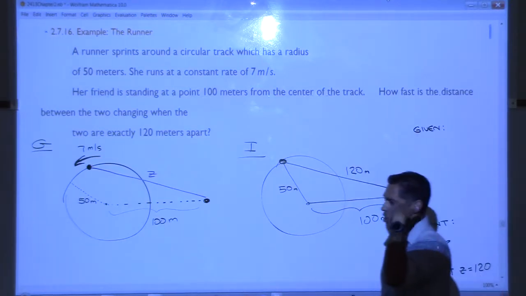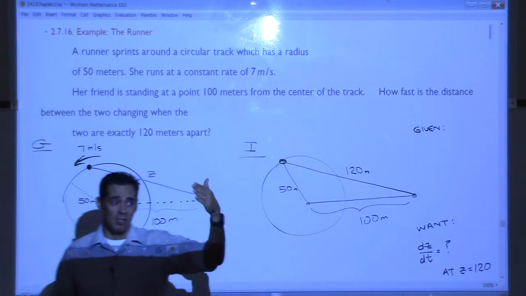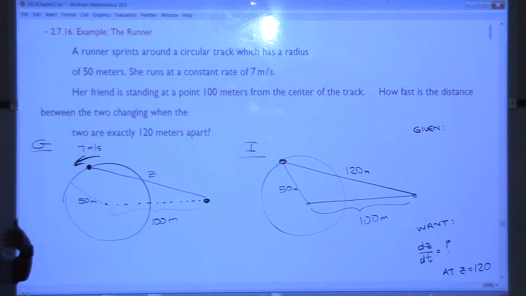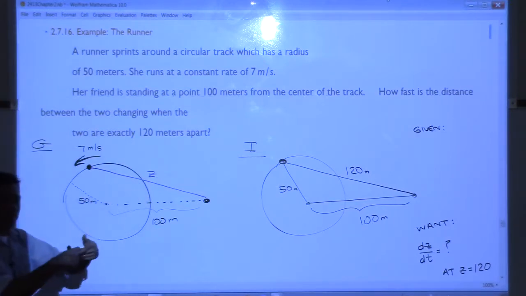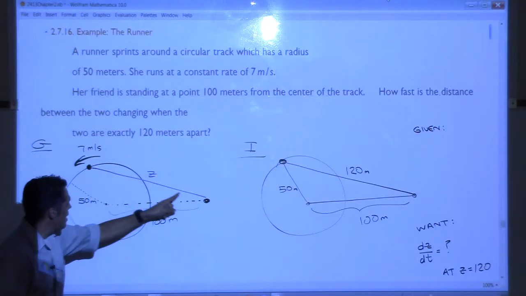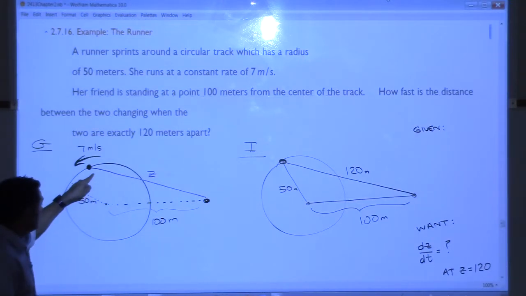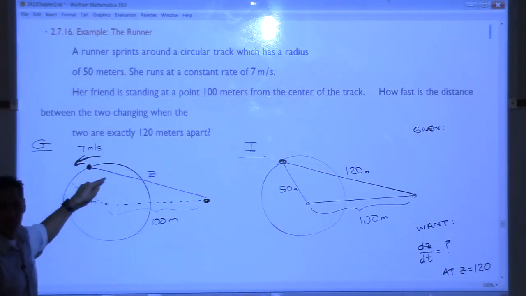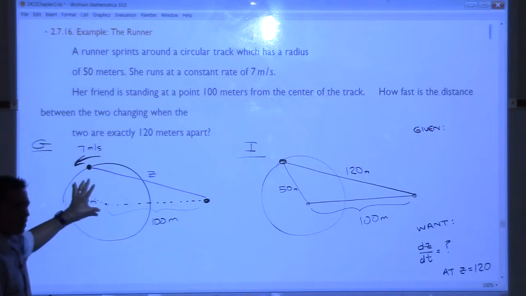I'm starting to think ahead to the equation. Eventually I'm going to somehow need to come up with an equation, right? That relates z to something. Yes? Right now, that's all I know about z, and this almost looks like it wants to be a triangle, but it's not a right triangle, because as this person runs around, it's not a right triangle.